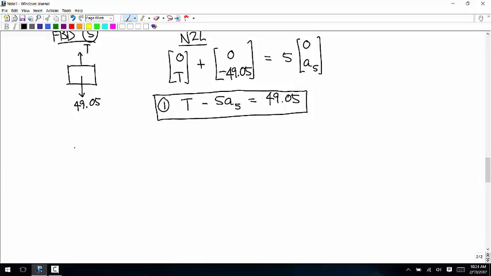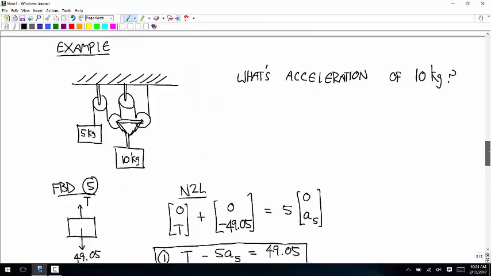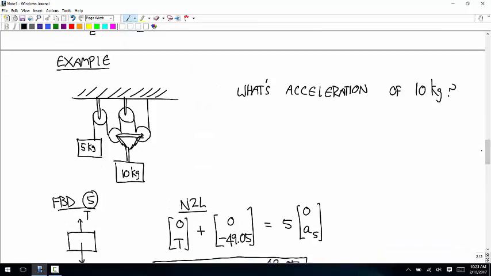And then a free body diagram of, let's say, all the other hanging stuff. So that means I'm going to isolate these two hanging pulleys, this structure here, and then the mass.